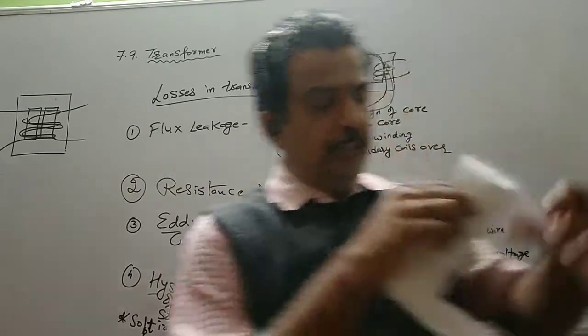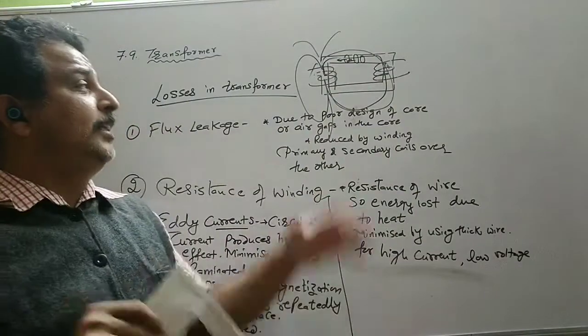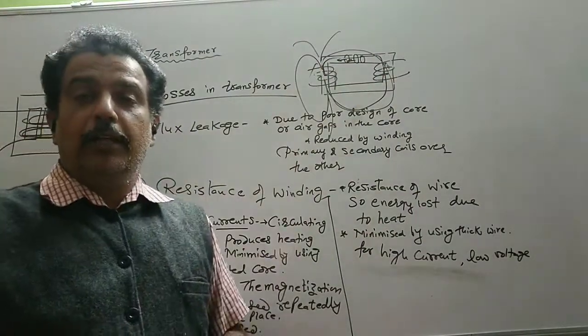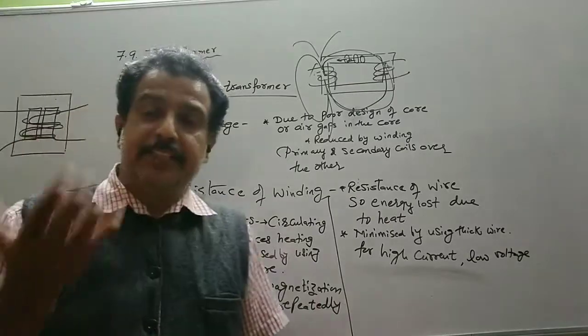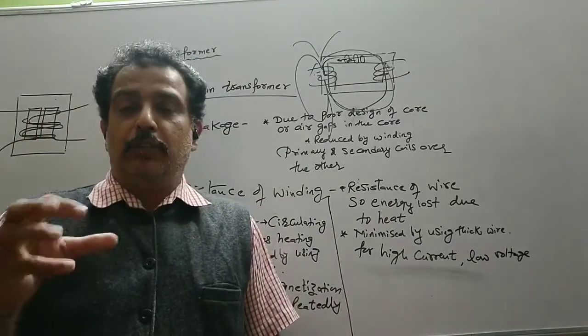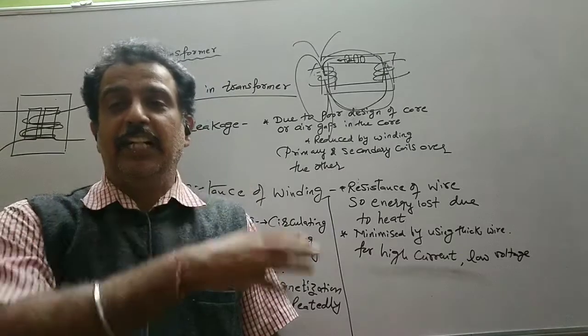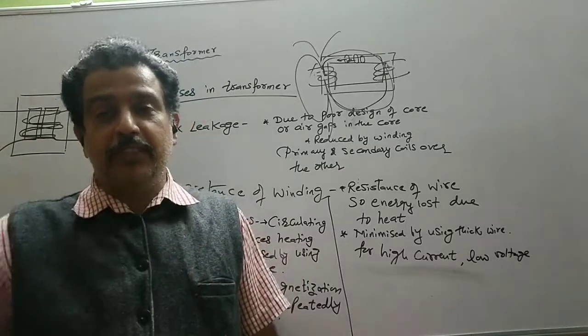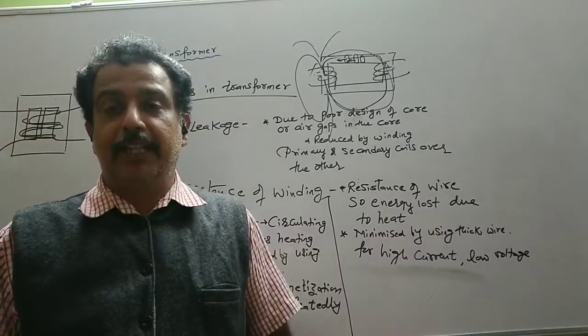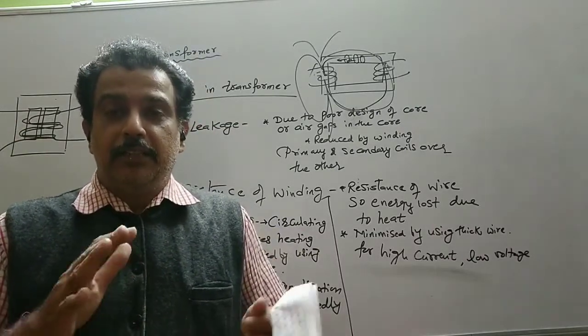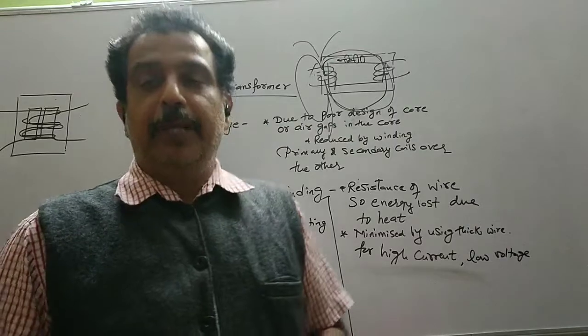So the material we use for winding the primary and the secondary coil should be soft iron core. As our flux increases, the atomic dipoles immediately get aligned, and when our flux reverses its cycle, the dipoles should immediately reverse their direction. As a result, the heating effect will be minimized.